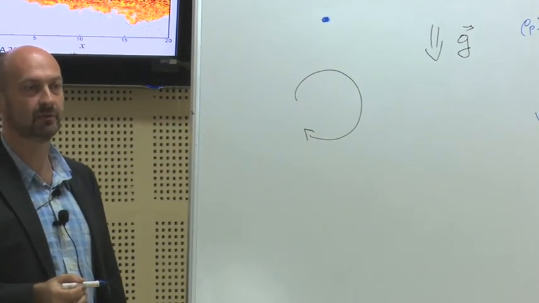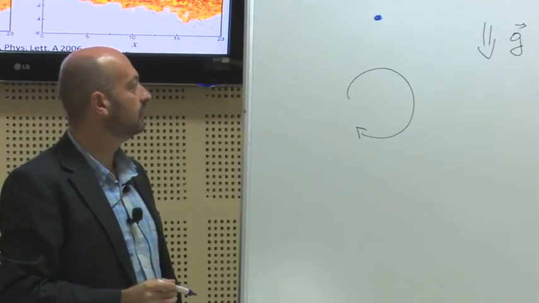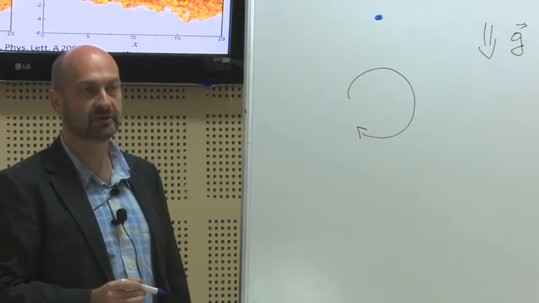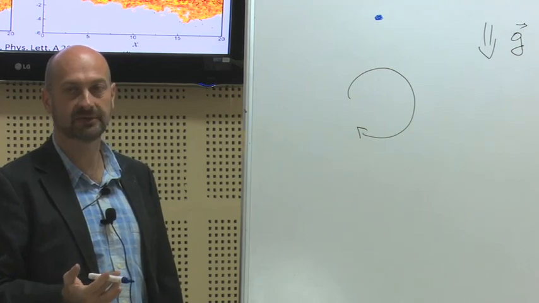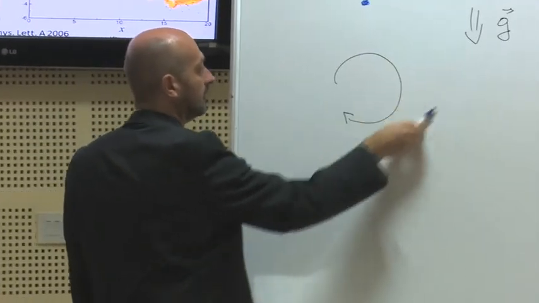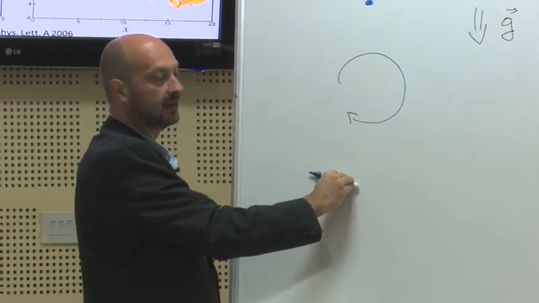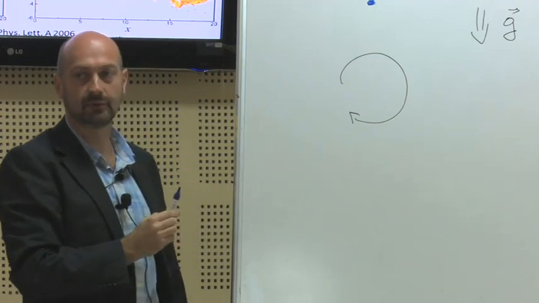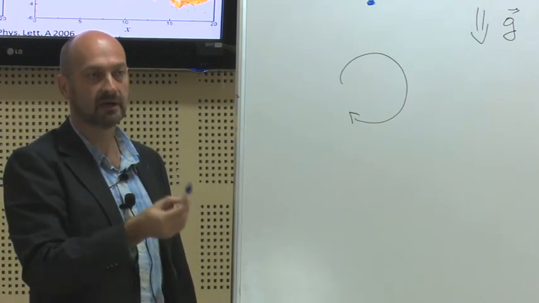What is your expectation? What is going to happen to this particle? So rho p is larger than rho f, so we expect that the particle is moving outward of the vortex. So it will remain outward of the vortex. Do you know on which side of the vortex it will settle? On the right or the left?